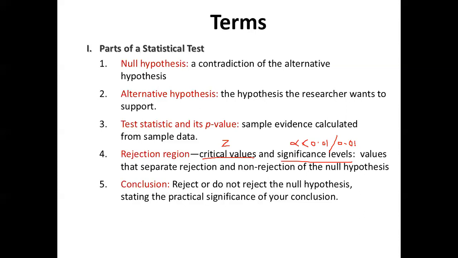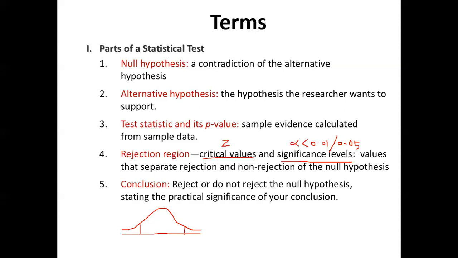These are the values that separate rejection and non-rejection of the null hypothesis. In this step, we are also going to see whether our test statistic is in the rejection region or the non-rejection region. So where is the rejection region?